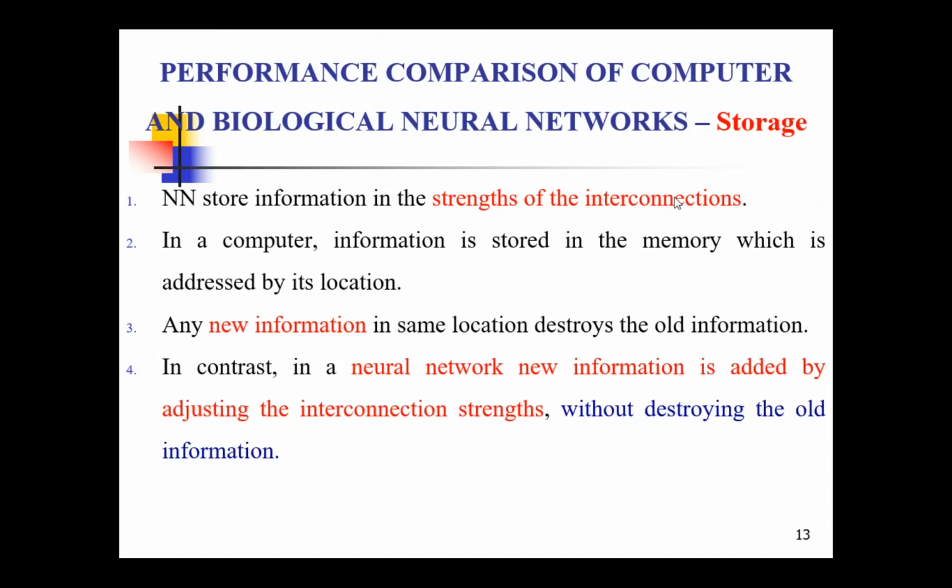So 10 years back or 20 years back, what has happened to us, we can still remember. Because of this interconnection strength among the neurons, the old data will not be eliminated or altered because of storing new information.